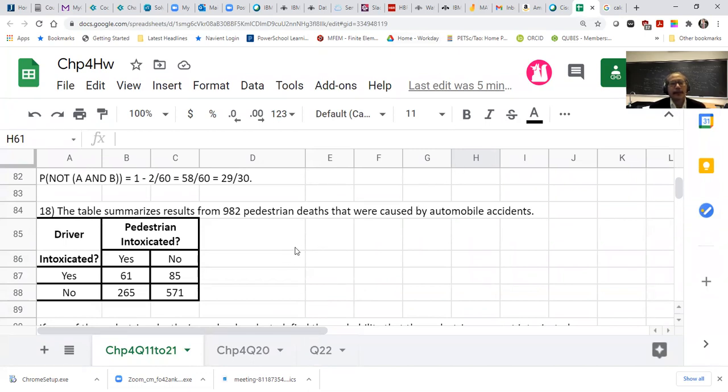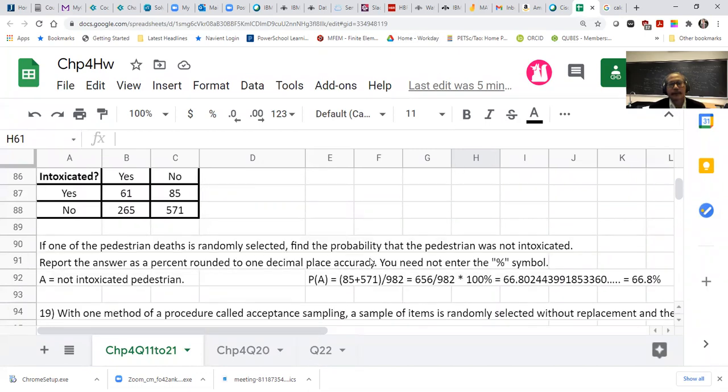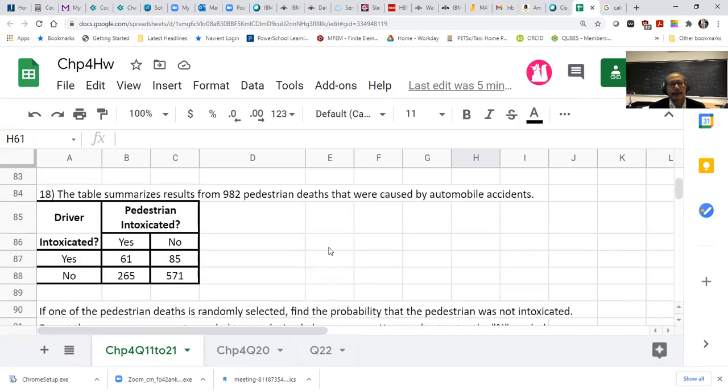The number 18 is, you can create your own number here. Okay, so not intoxicated, we need to add this to this, right?